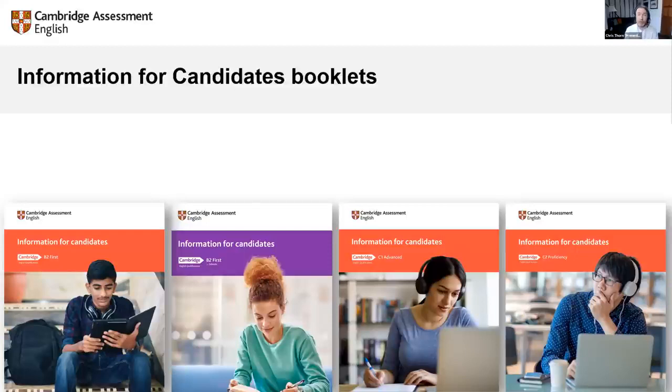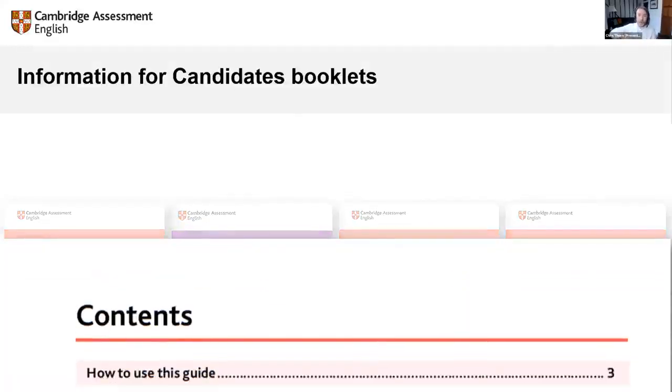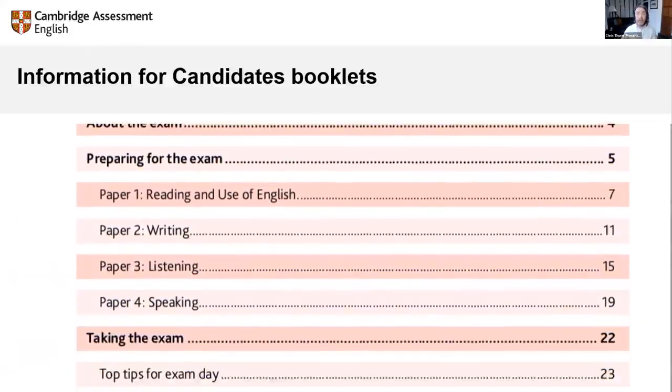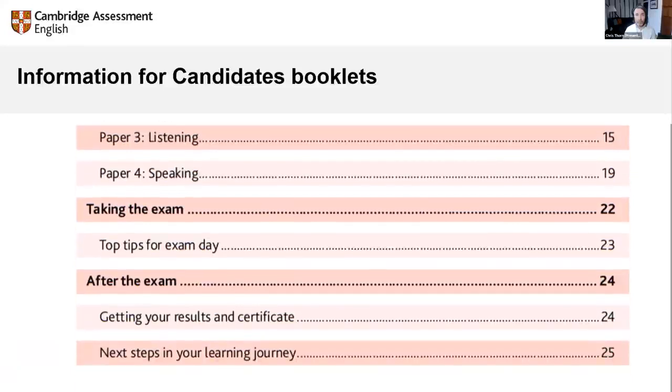You can see them on your screen now. Now the contents for each of these is very similar, or at least the way they are organized is really similar. That's because regardless of the learner's level, they need to know the same essential things about their exam.